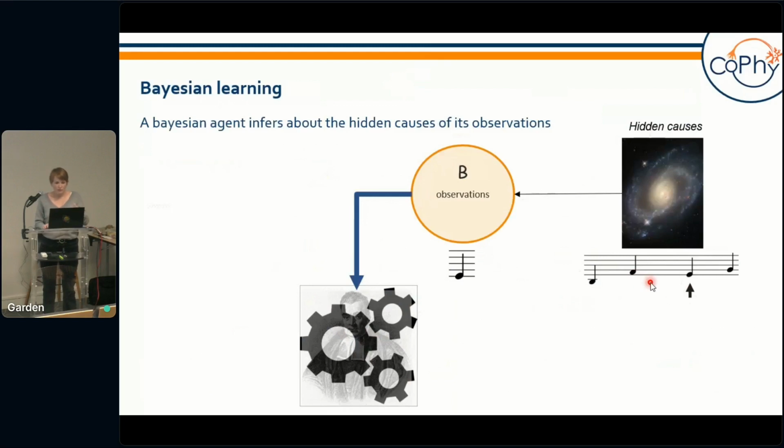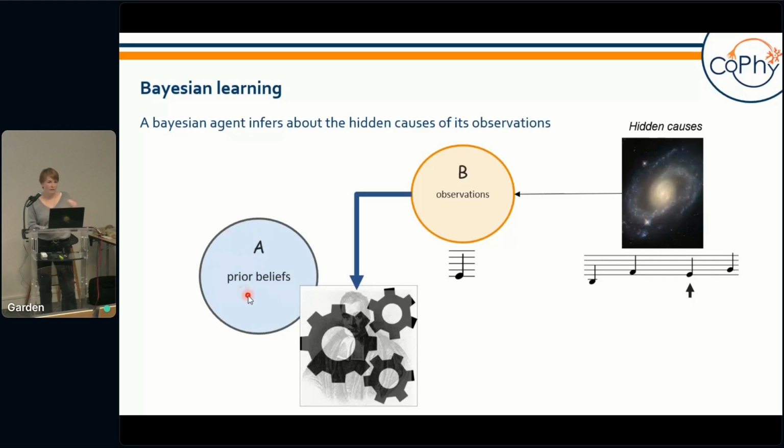To infer this hidden cause, the system would be equipped with an internal belief of how the world generates these inputs, and these are called the prior beliefs, and they are built up over past experience.